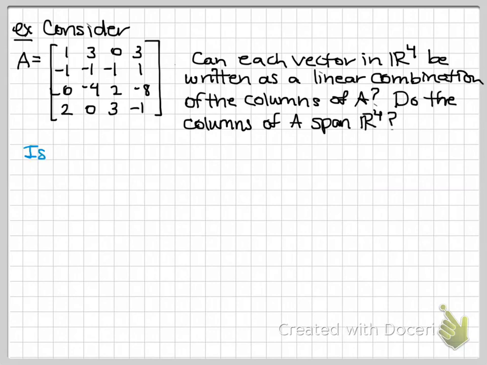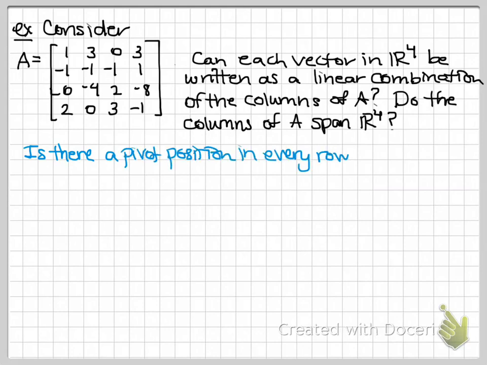Alright, so this is the question. This is equivalent to asking, is there a pivot position in each row of A? And that comes from part 4 of the theorem. Remember the 4 things that were equivalent. If there's a pivot position in every row of A, then that means that the columns of A are going to span R4.